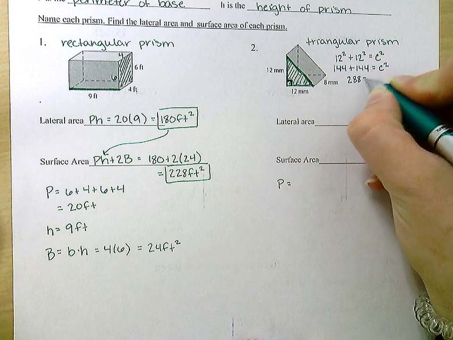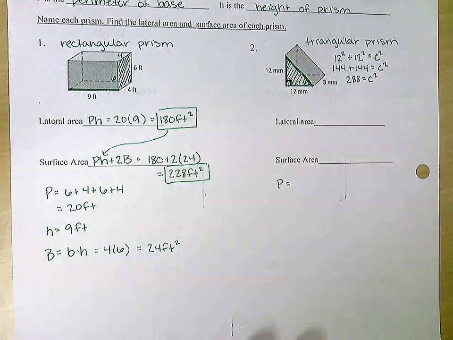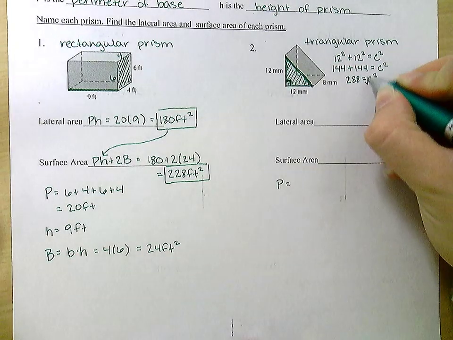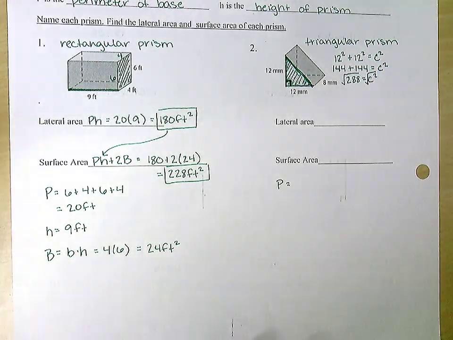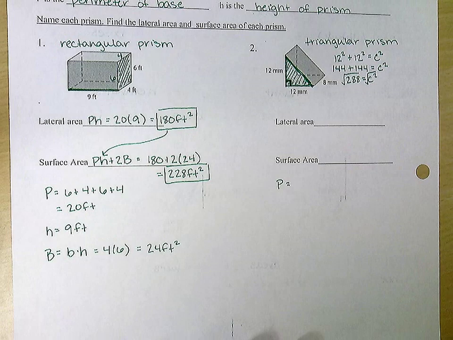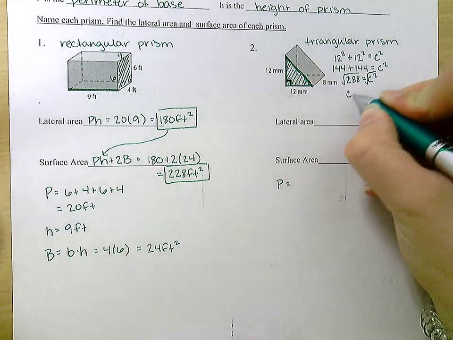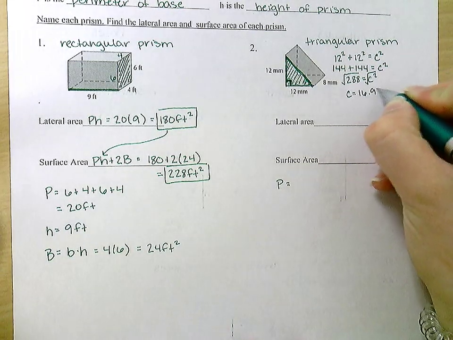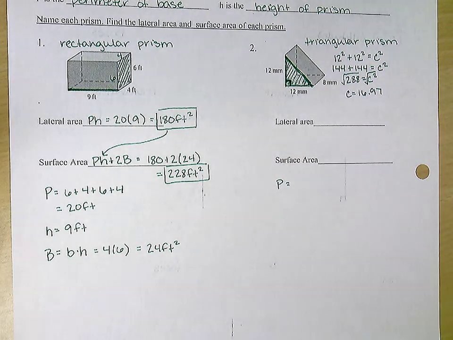So 288 equals c squared. Take the square root of both sides. And I got that hypotenuse to be about 16.97 millimeters.